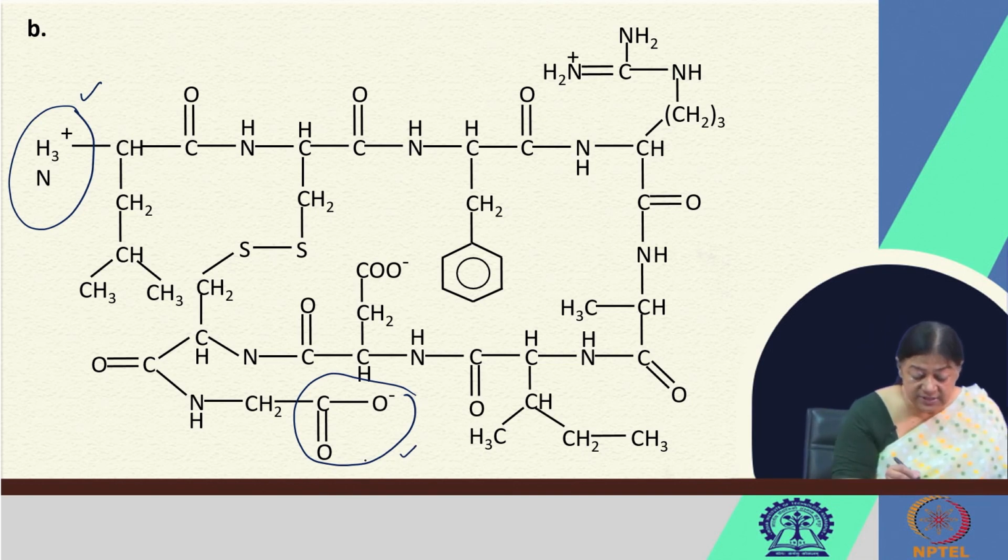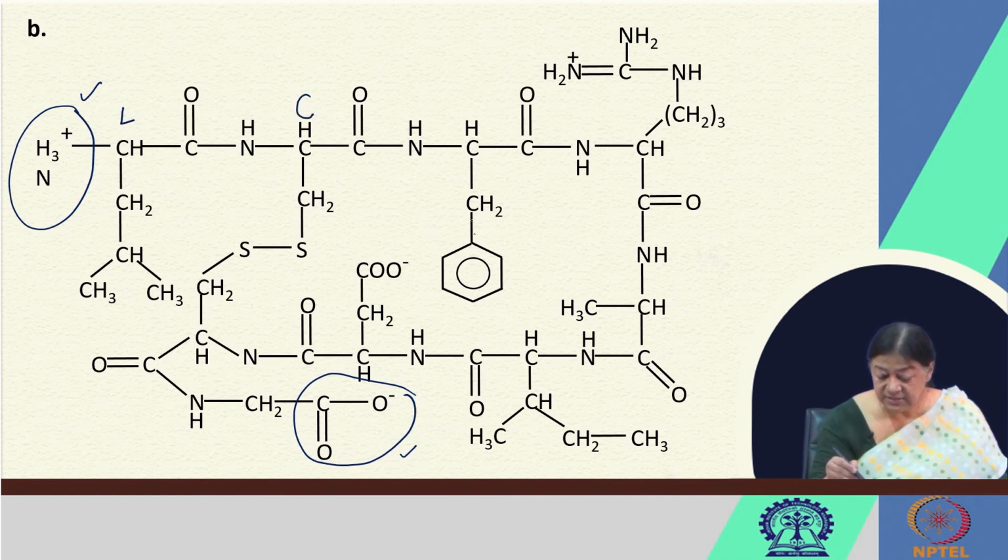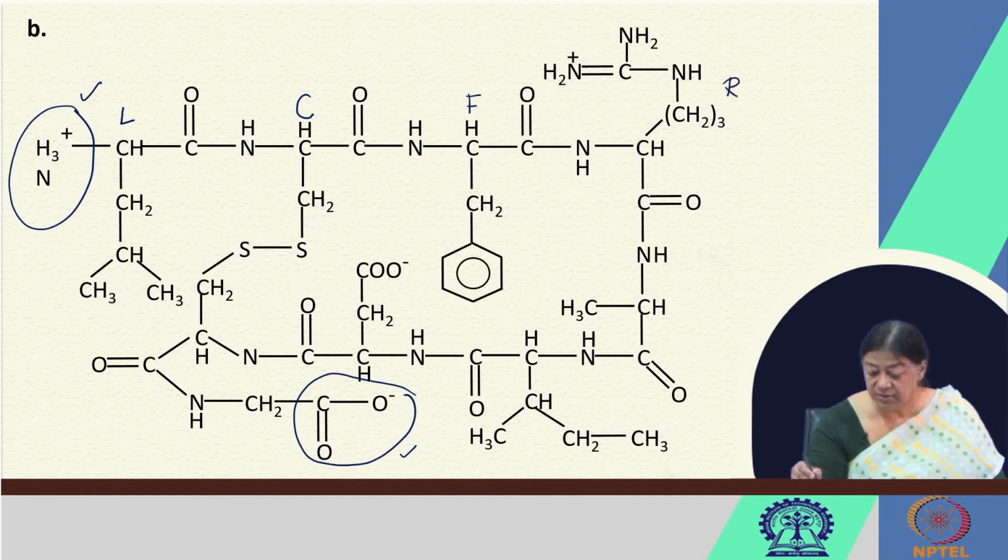So, let us see. This is our leucine, this is our cysteine, this is our phenylalanine, this is our arginine which has its positive charge.